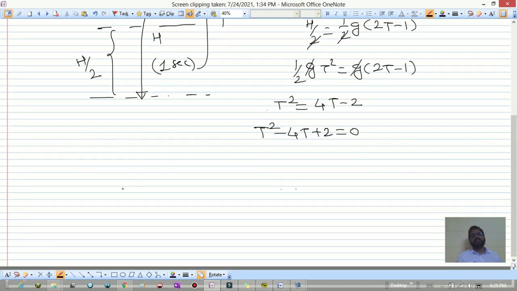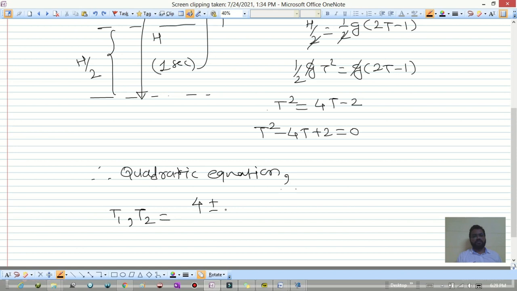And as you can see, this is a quadratic equation. You can easily find the roots of this quadratic equation, t1, t2, which is equal to minus b, that is 4, plus or minus square root of b squared, that is 16, minus 4ac, that is 8, divided by twice a, that is 2.